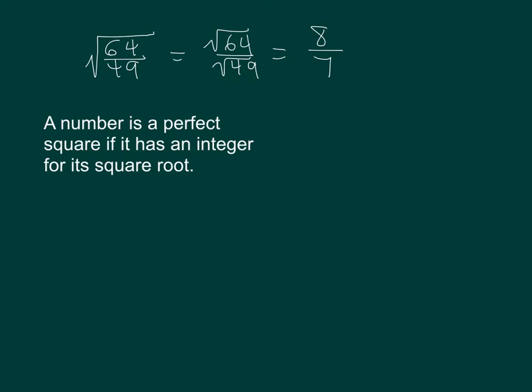Okay, so 64 and 49 are both perfect squares. Other examples of perfect squares would be 100 or 25, okay, because they have an integer for their square root.